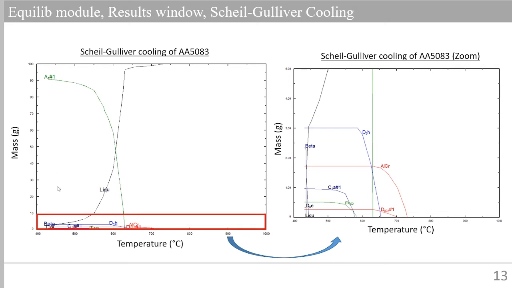And if we zoom in at a lower mass, we can see that the phases produced reach a maximum and then tend to stay the same until the end of the solidification. This comes back to what we said earlier for Scheil cooling, in that the phases once formed do not interact with each other anymore, and so are permanently locked at their concentration.